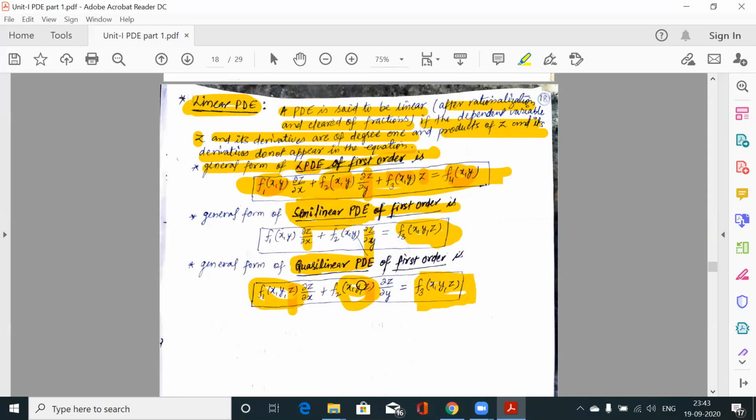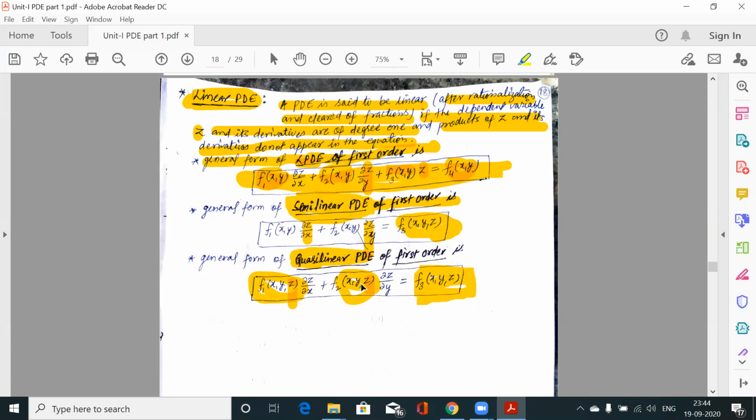So our first topic is to solve these types of partial differential equation: linear, semi-linear, Cauchy linear. And to solve these three types of PDE, we have a single method, that is Lagrange's method.